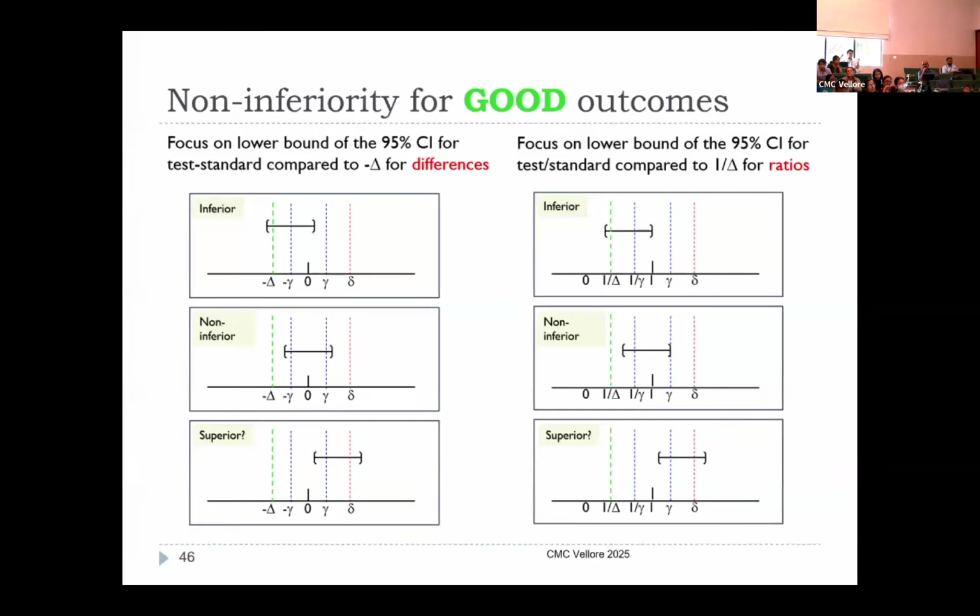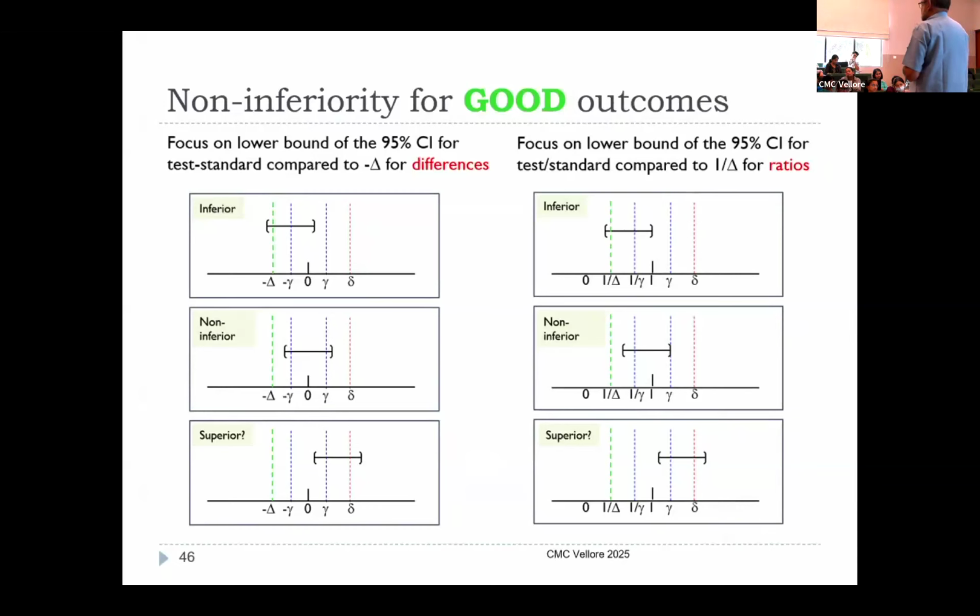It is because this delta, you choose it very close to zero. Right now we're doing a trial where the safety outcome is bleeding. They know that these anticoagulants prevent heart problems; they want people not to have a stroke.